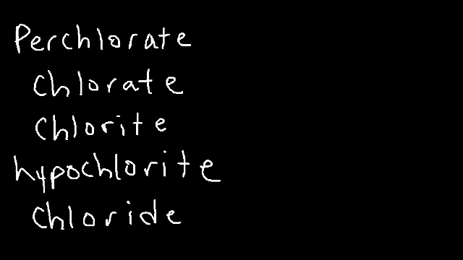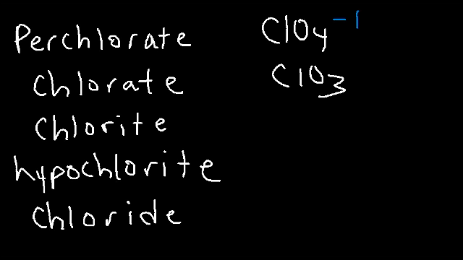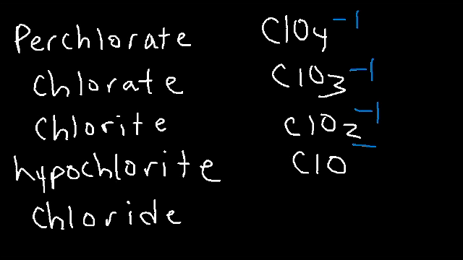What are the formulas for these ions? Perchlorate is ClO4-. Chlorate is ClO3-. Chlorite is ClO2-. And hypochlorite is ClO-. Chloride doesn't have any oxygen atoms. It's simply Cl with a -1 charge.